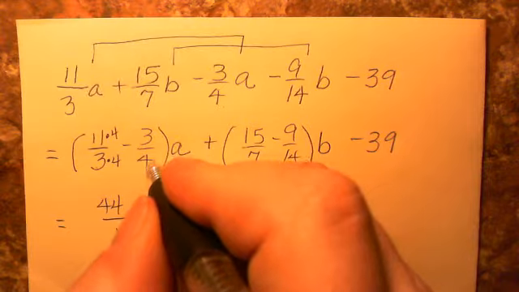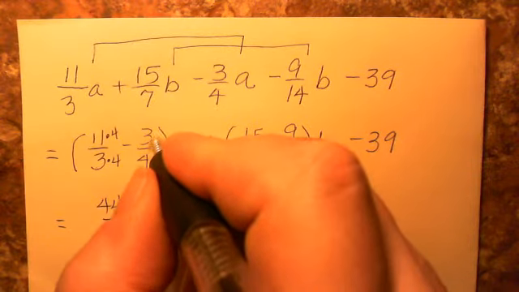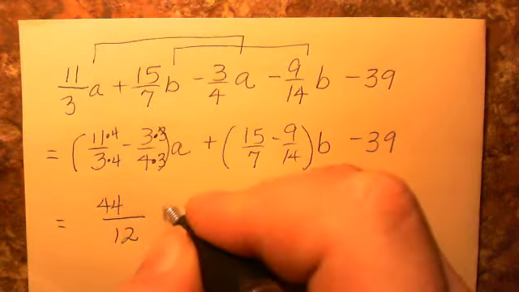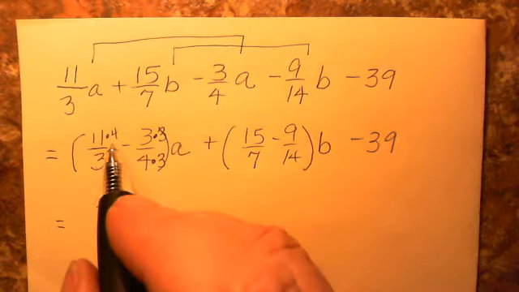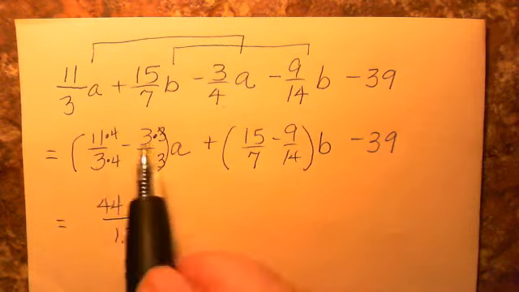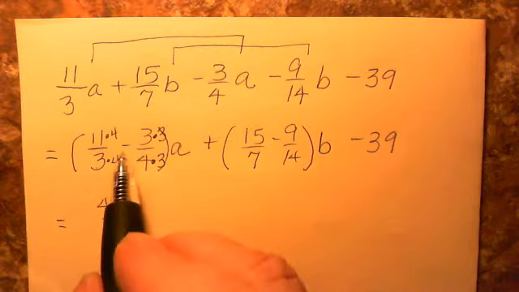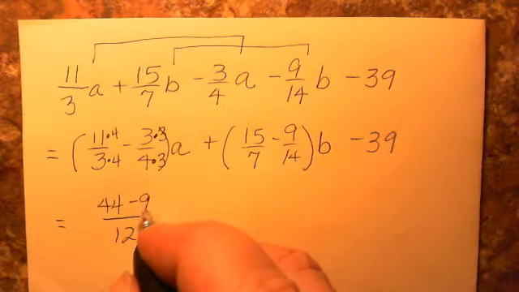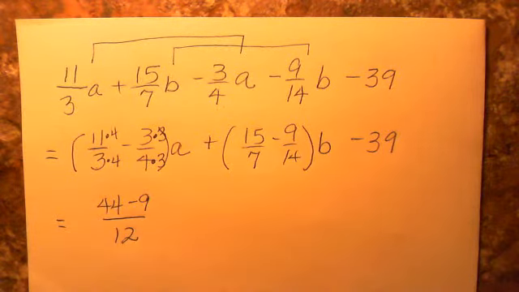How do we get from 4 to 12? We have to multiply by 3. So we're going to multiply the numerator also by 3. So we now go from this expression to 44 minus 9 over the common denominator 12. Now that's all the coefficient of our a. We'll do some more work on it in a minute.